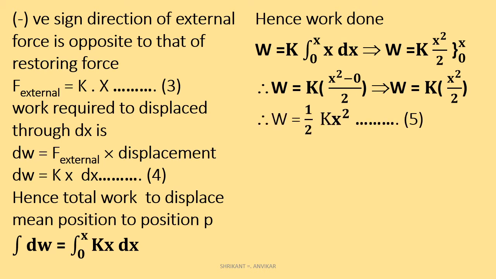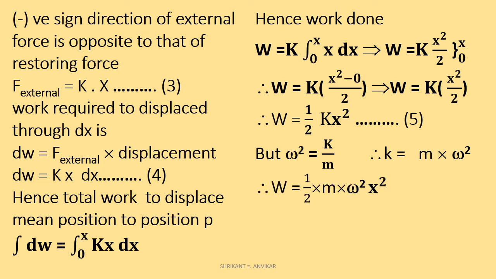But according to substitution in the differential equation, omega square is equal to k upon m, and therefore k is equal to m omega square. Substituting k equal to m omega square, we get the work done equal to 1 by 2 m omega square into x square. This is the formula to calculate the work done.